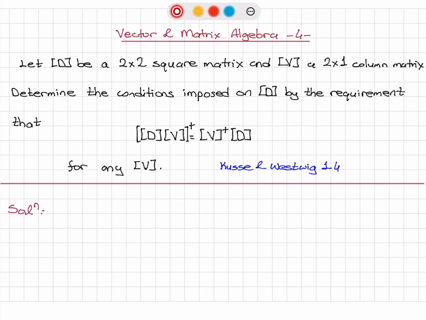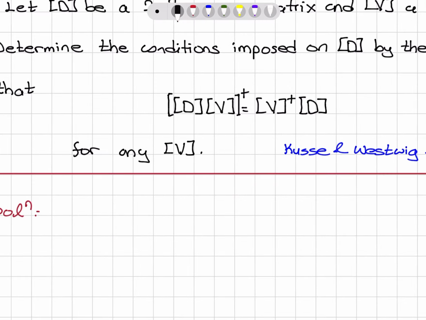Alright, so first of all, let's remember that the subscript summation notation representation of the matrix elements for the D matrix can be written as Dij, where i and j are now 1 and 2 because it's a 2 by 2 matrix.